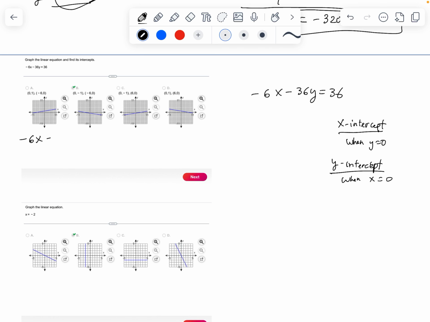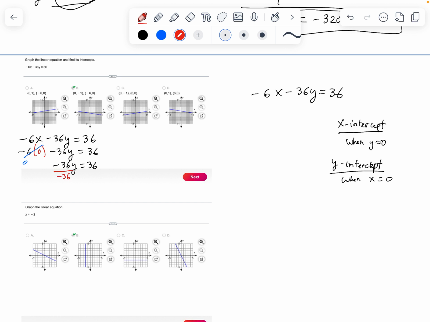So I have negative 6x minus 36y equals to 36. When we put the x value of 0, these terms go to 0. We are left with negative 36y equals to 36.